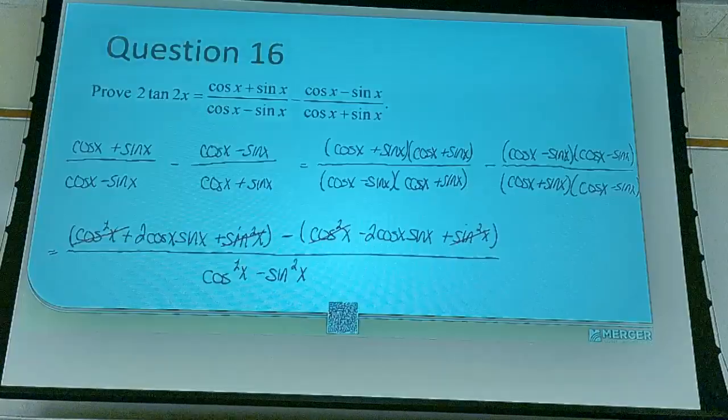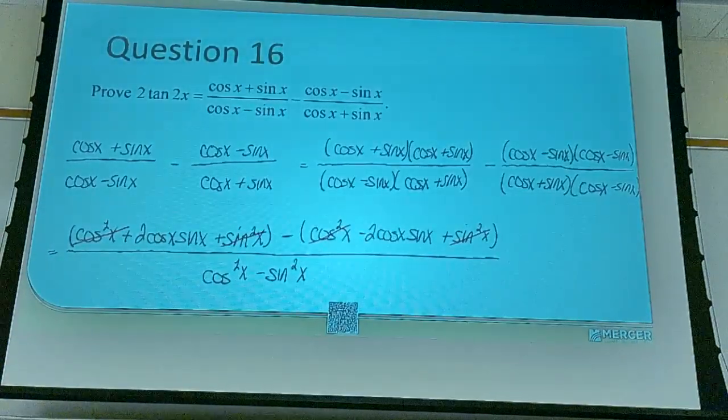Notice then what we're left with in the numerator: 4 cosine times sine, right? Over cosine squared minus sine squared.